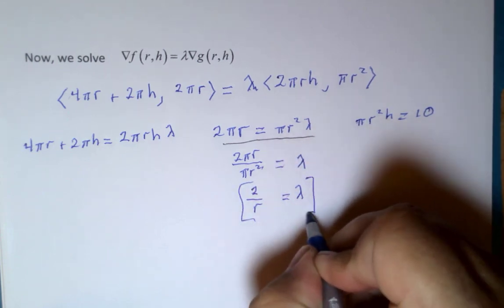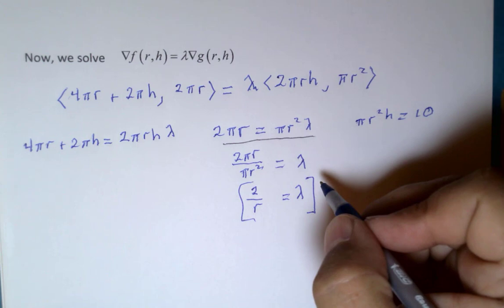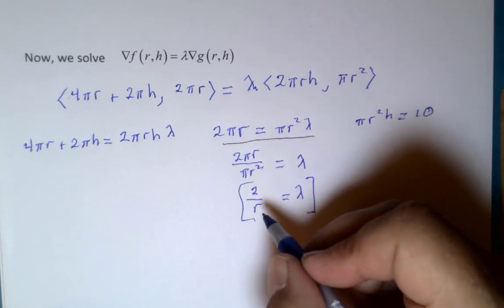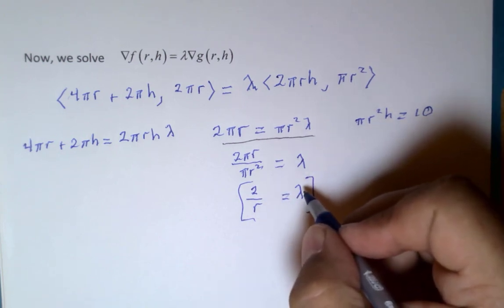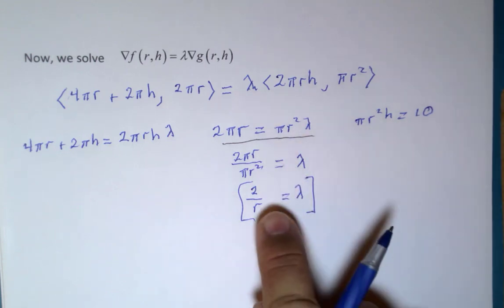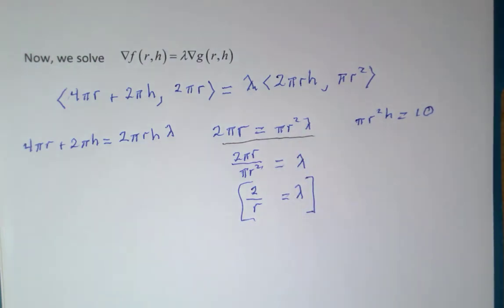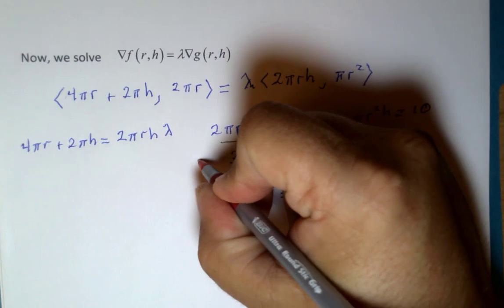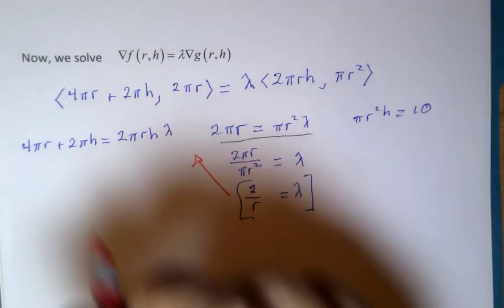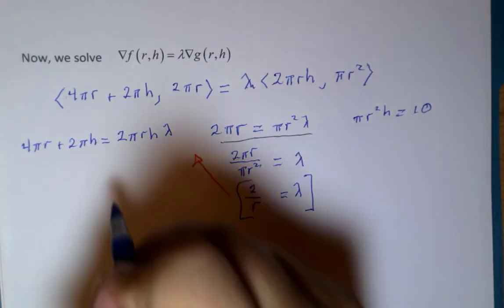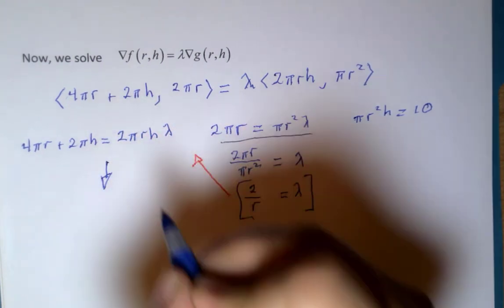So whatever r is, if I knew r, 2 over r would be the scalar, the constant lambda. I'm going to now substitute that into the lambda that is up here in the first equation and see what we can do with that mess.